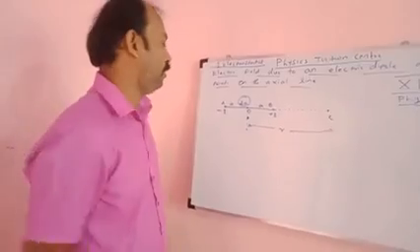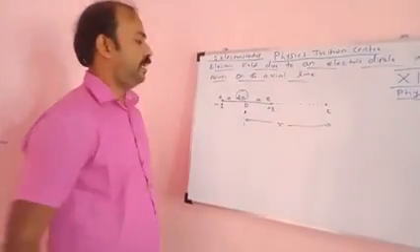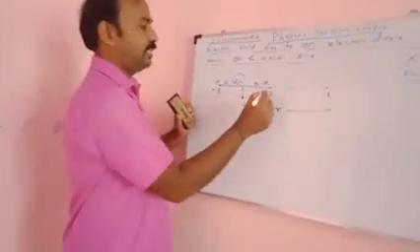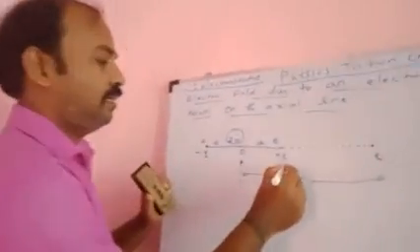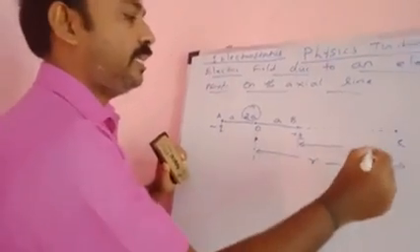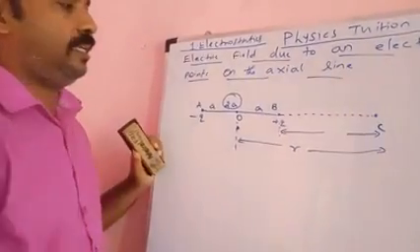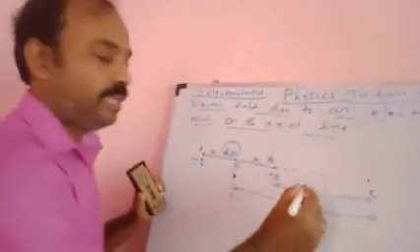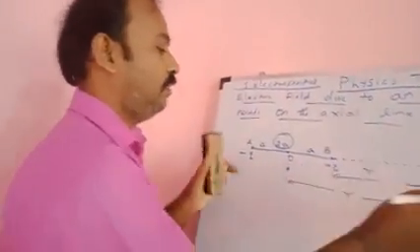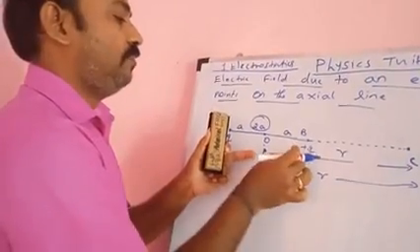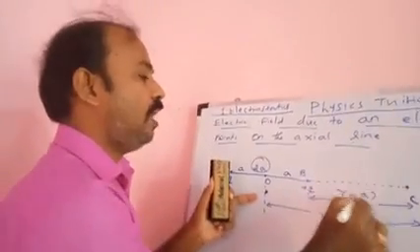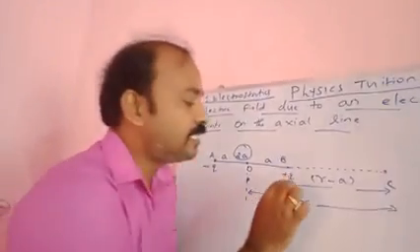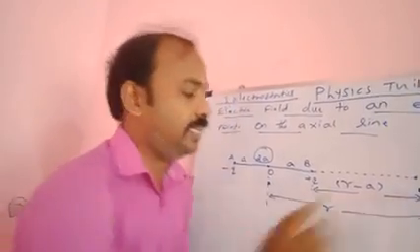Then the distance between B and C: totally r, from which a is subtracted, so r minus a is the distance between B and C.